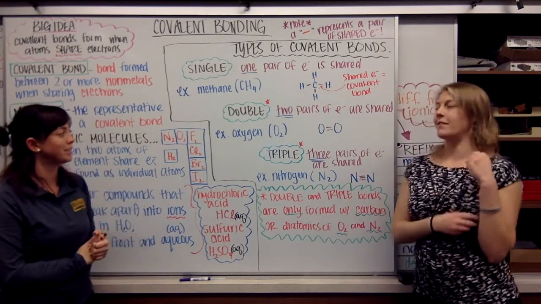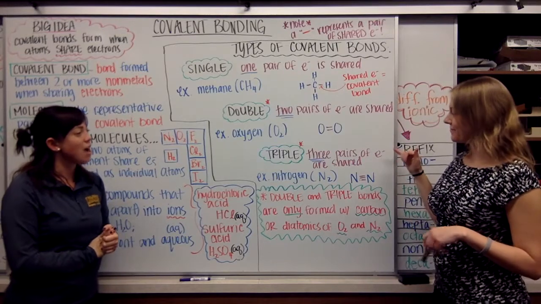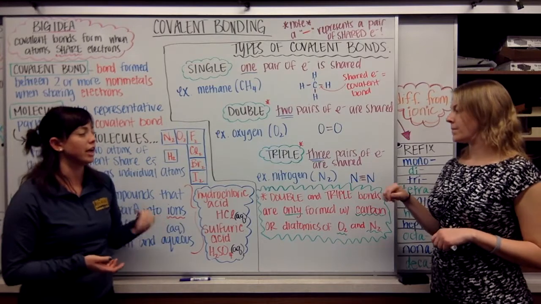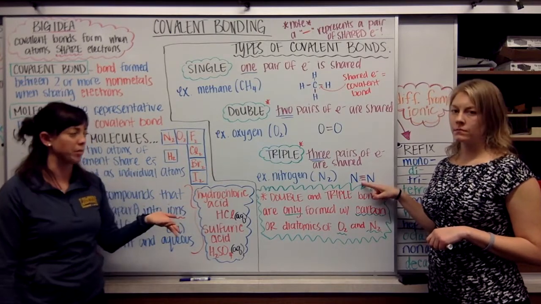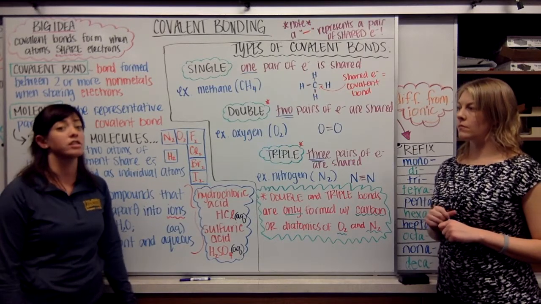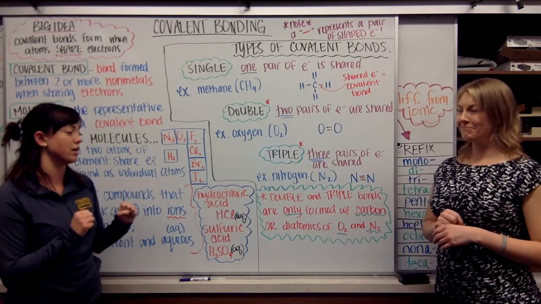Then we have our triple bonds, which are 3 pairs of electrons being shared. Nitrogen, our other special diatomic molecule, is an example of that. All together, nitrogen is sharing 6 electrons between 2 different atoms.